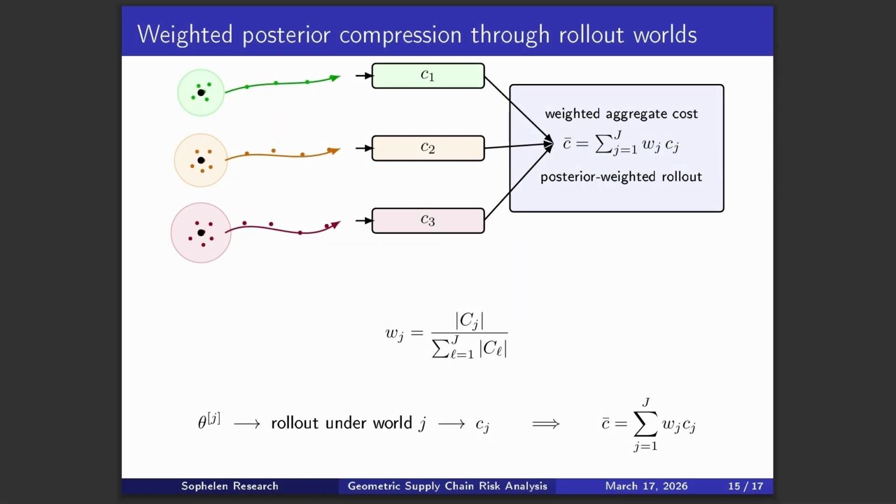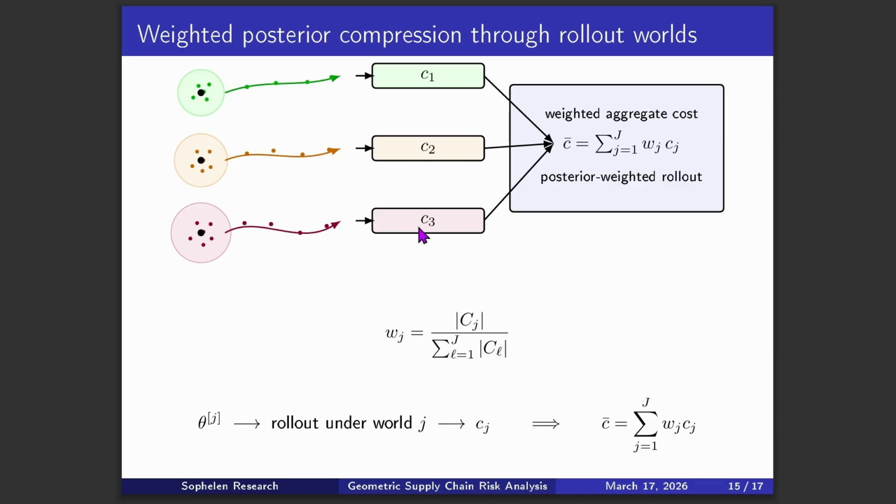Once we have clusters of our samples of parameters, we have our representative from each cluster, and from each representative, right, we would get a supply chain manifold, and from each supply chain manifold, you would do a 7 to 14 days or 30 days rollout, and from each set of rollouts, you would calculate various metrics like costs and risks and so on.